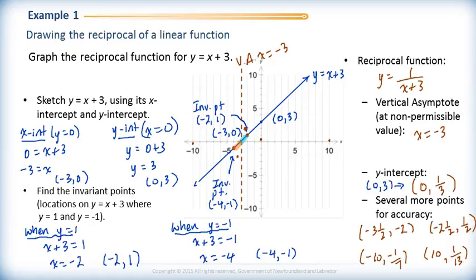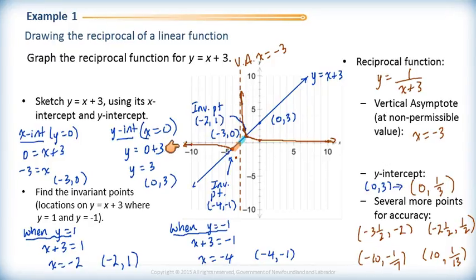And now I can do a rough sketch of my reciprocal graph. So we can connect the 3 points on the right-hand side of this invariant point. So from here out to here, it gives us a rough guide. And then we've got a point right here going up from the invariant point, and the points will increase.